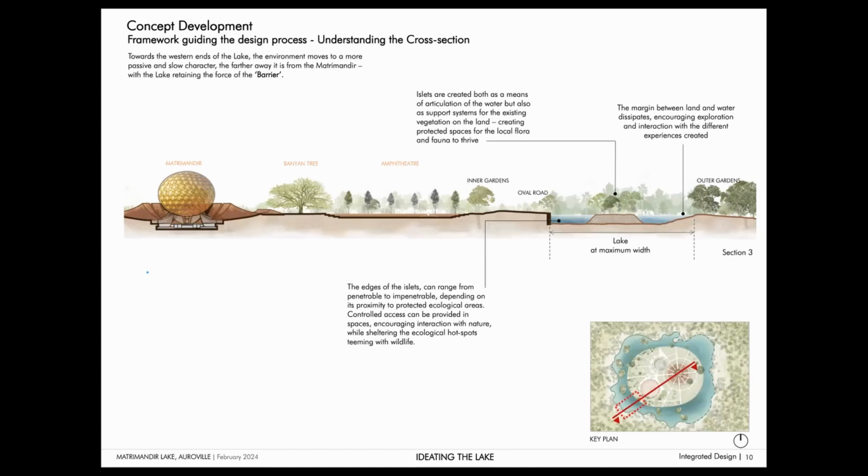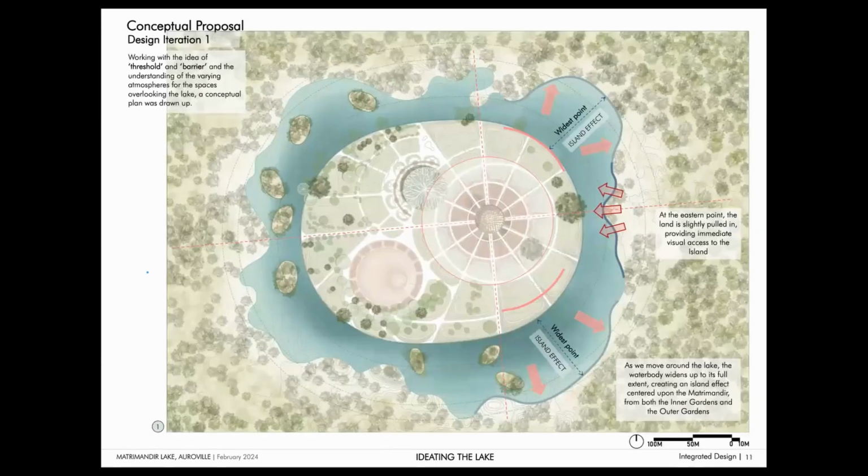Now, these islands are not only aesthetic, definitely they have a very, very high aesthetic value, but also they are a response to the condition of the lake, the existing vegetation patterns, and to ensure that we create a sustainable ecology across the entire system. And in each of these cases, the margins or the interface of the land and the water changes continuously from being a vertical surface to something that is gradually merging from the lower to the upper levels.